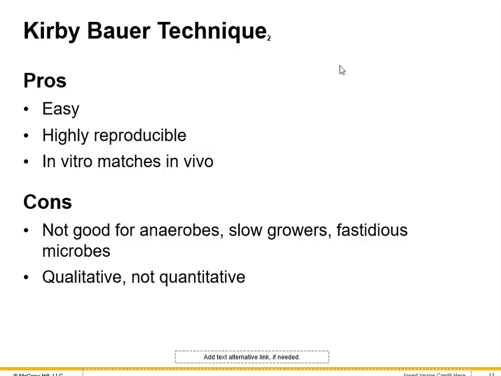So one person might say this is 10 millimeters, another person might say it's 11 millimeters. It's a little bit more qualitative in how each individual interprets that zone, because a lot of times it's a little fuzzy around the outer ring, and trying to interpret where it actually ends.